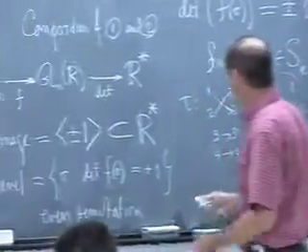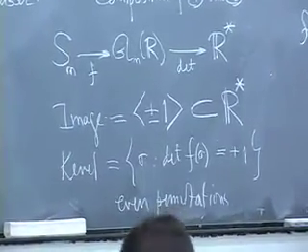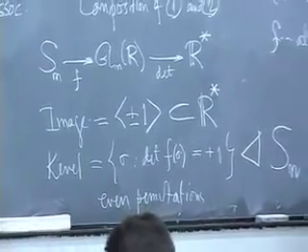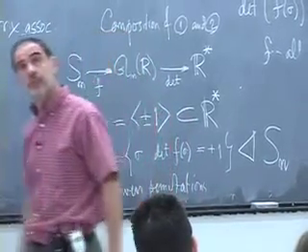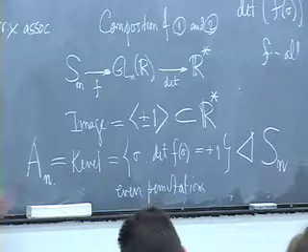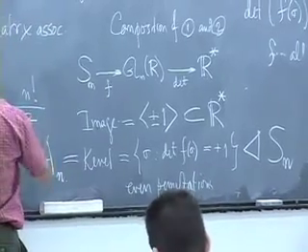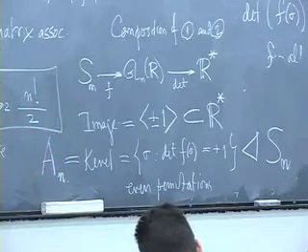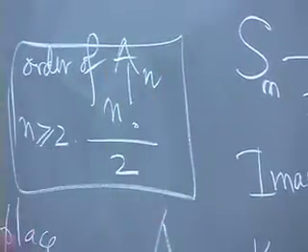But that's a normal subgroup of Sn, non-trivial normal subgroup, and it's called the alternating group on n letters. We're going to see pretty soon that its order is half the order of Sn. So its order is going to be n factorial divided by 2, at least when n is bigger than or equal to 2. The order of An, we're going to prove that pretty soon.